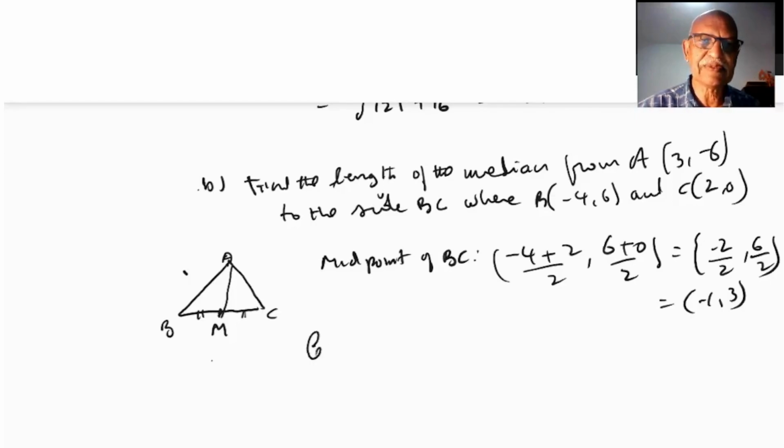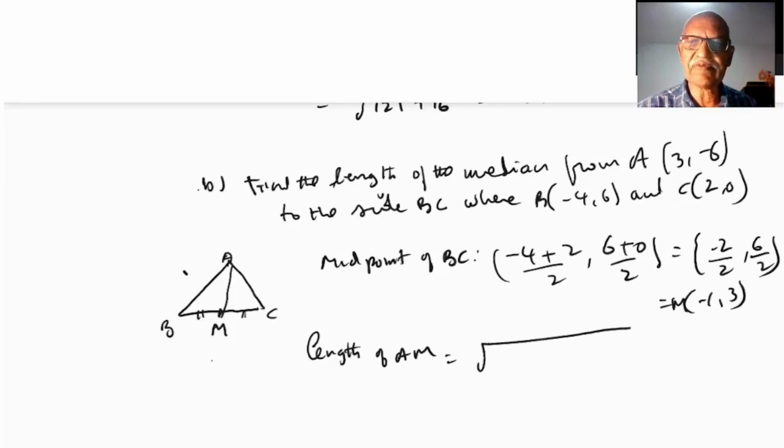Now, length of AM, this is M, will be square root of, we have A is 3, -6.